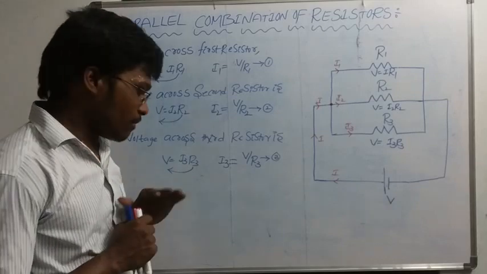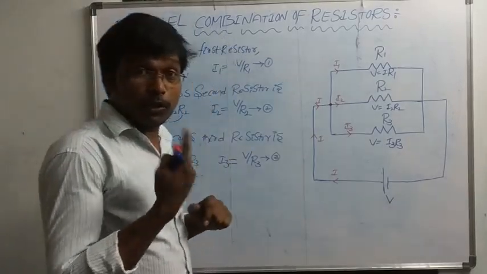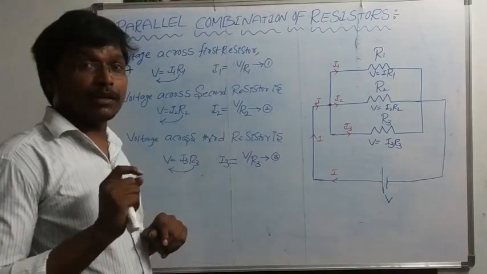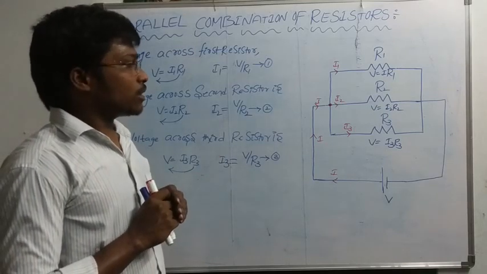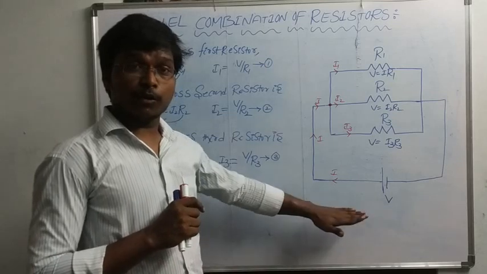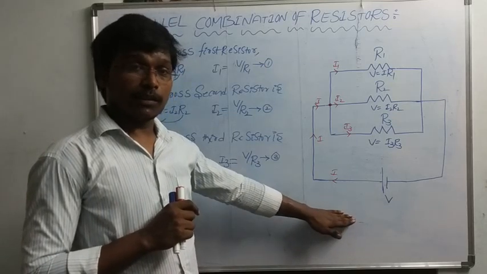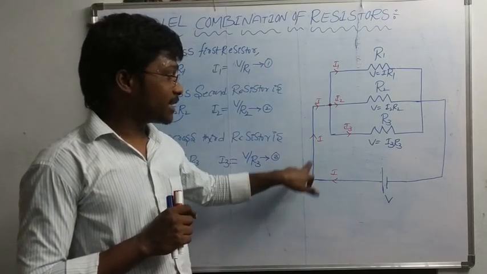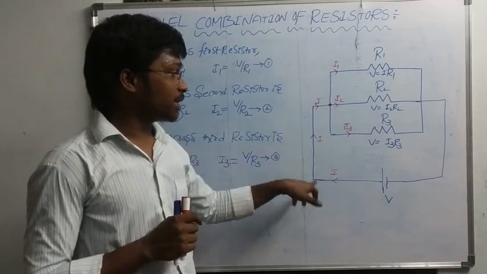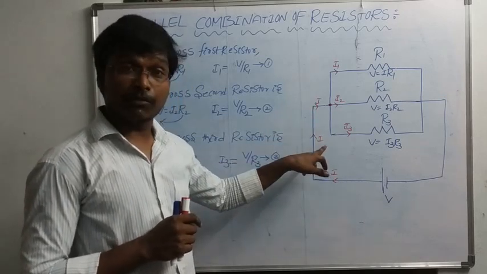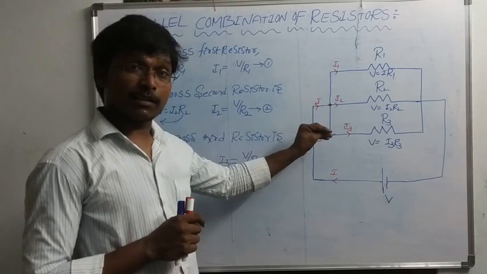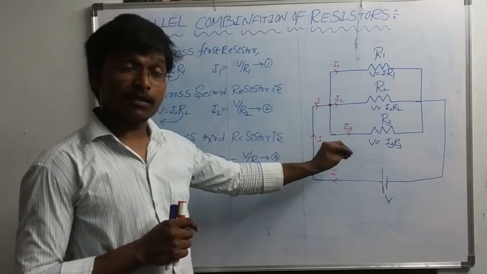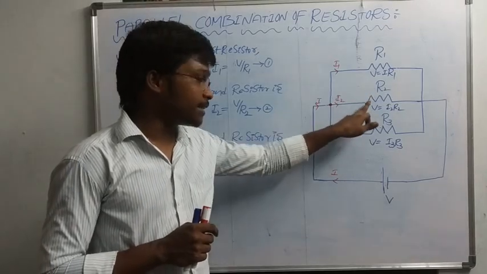Now, again, what I am going to teach is an important key point. The total current passing through the circuit is equal to the sum of the currents passing through the resistors.